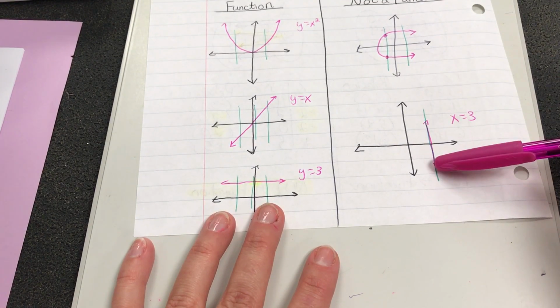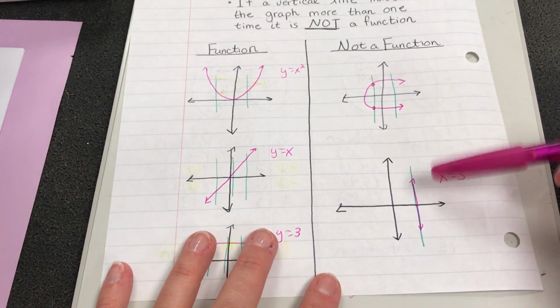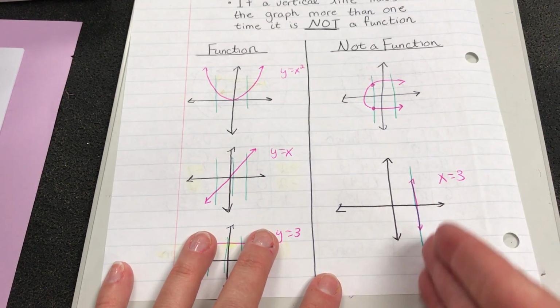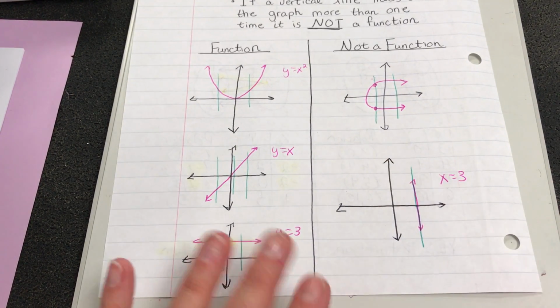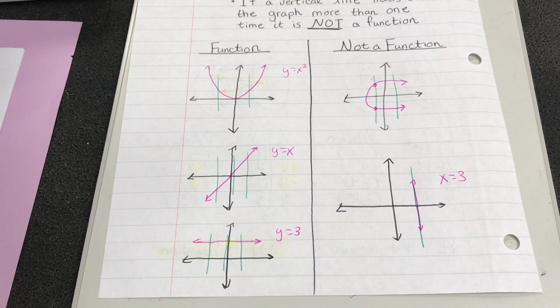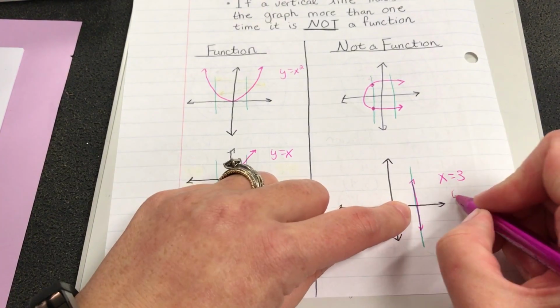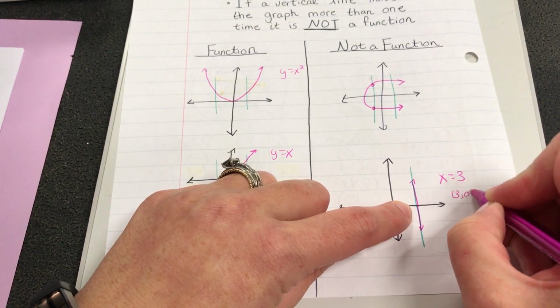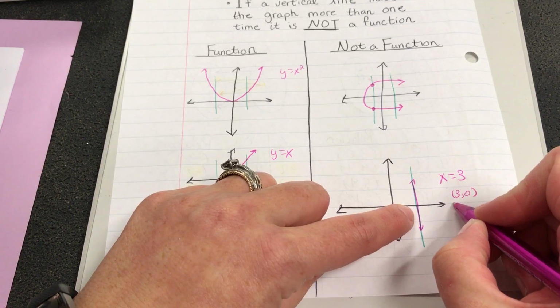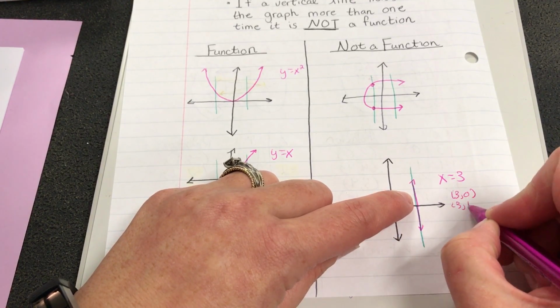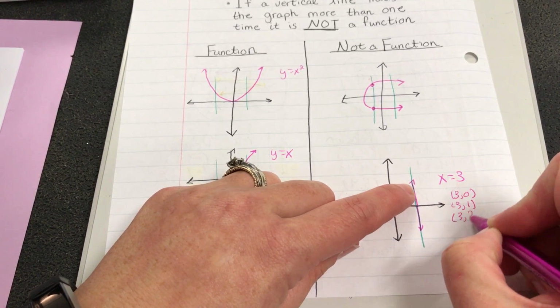Now this one right here is not a function. The reason why is because when you draw that vertical line, it is actually touching every single part of that vertical line. So listen to this. Some students don't understand, but let's say this is at (3, 0), okay? Well, then the next point right up here is going to be at (3, 1). And then it's going to be at (3, 2).